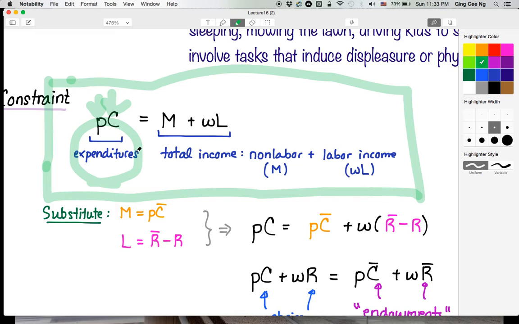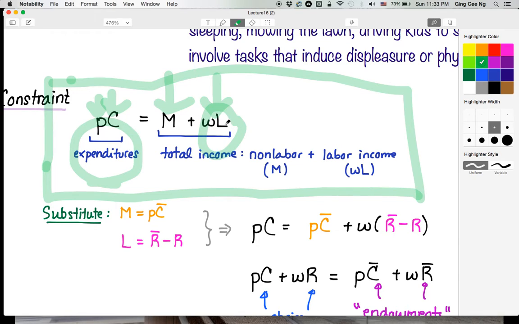Now, your total expenditures on consumption goods cannot exceed, one, the income that you get exogenously from the sky, the same income M that we were working with before, in addition to whatever income you get by working.